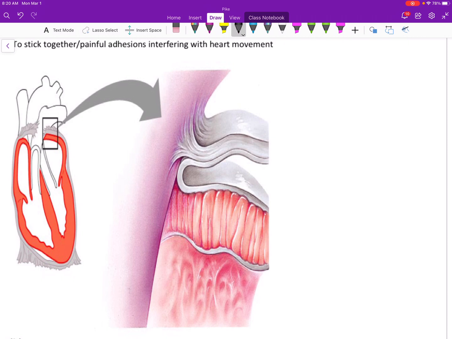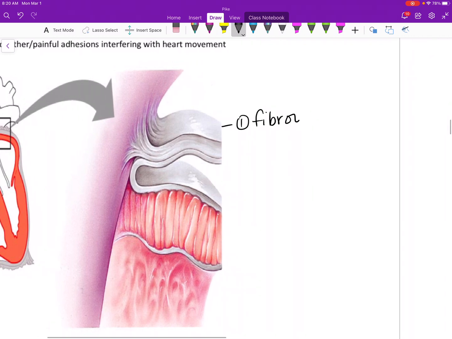So this outermost layer is the fibrous pericardium. Fibrous pericardium. Very loose and superficial. And then we have the second layer, and we have down here the third layer.